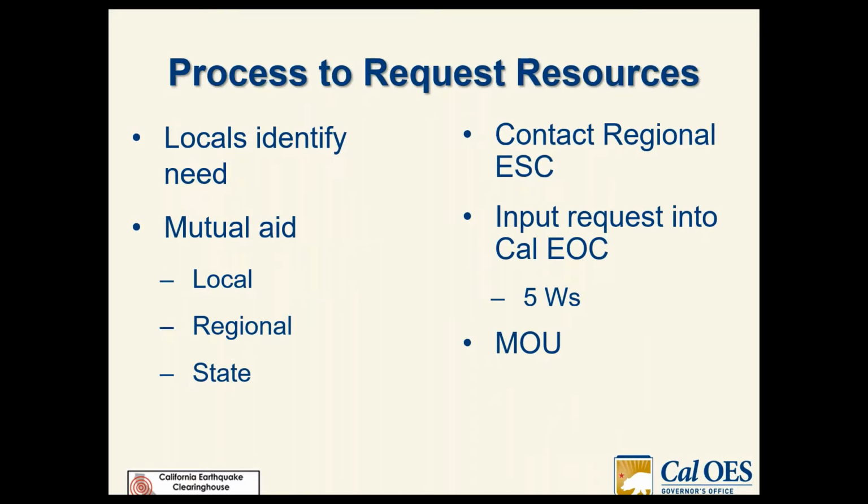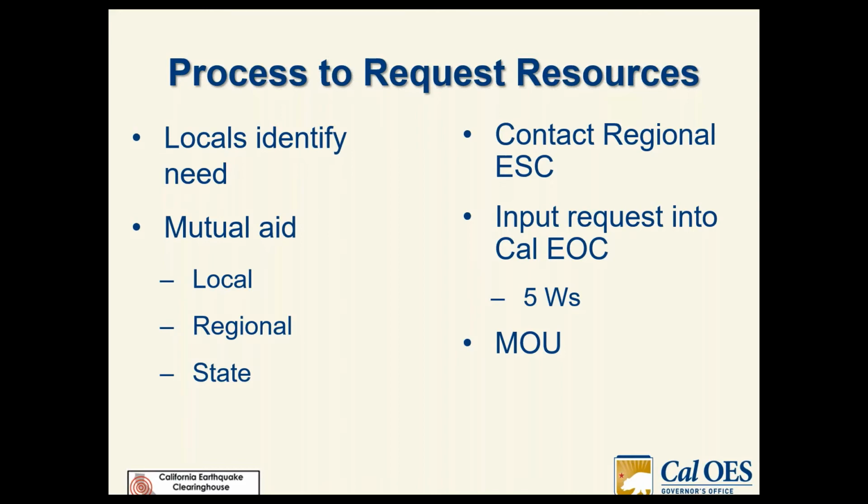Next is the process to request the resources. Bearing in mind that all of this works through SEMS, the California Standardized Emergency Management System, where everything starts local and ends local, if a disaster grows in size, then the need can be requested through SEMS to help address the disaster. First off, the locals must identify the need.